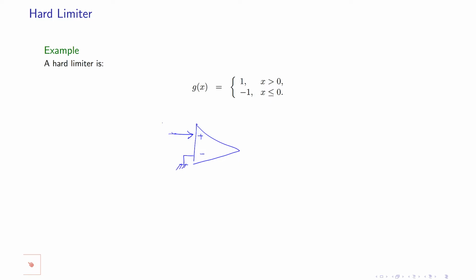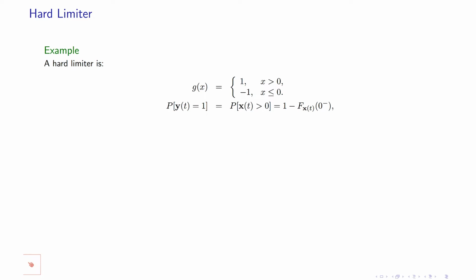So the input is x of t, and the output is y of t. y of t is equal to plus 1 if x of t is positive, and if it is negative, it's going to be minus 1. So a comparator or a hard limiter just compares the input, and if it is positive, it provides plus 1, or if it is negative, it provides minus 1.